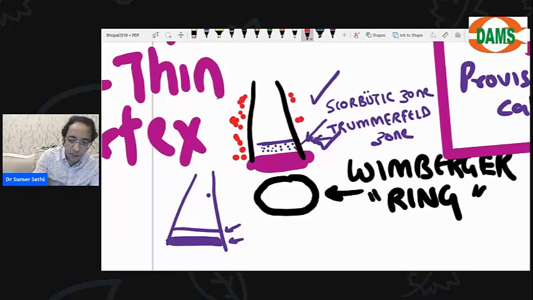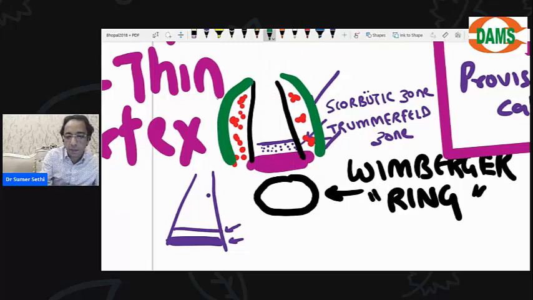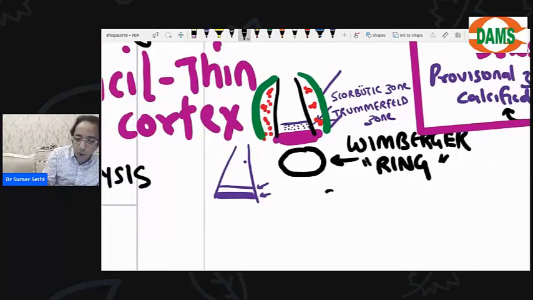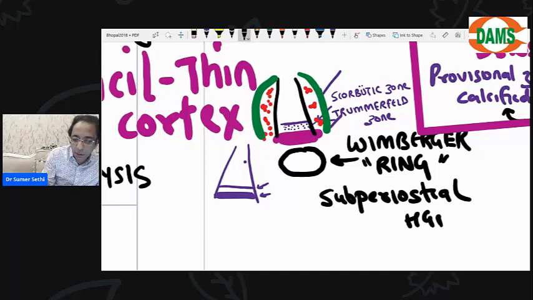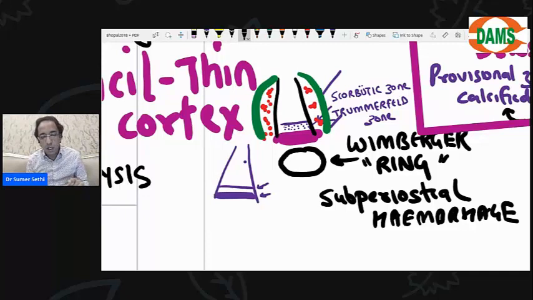Because of these hemorrhages, your periosteum will be lifted up, and you might have read about this in your biochemistry or any other subject that in scurvy you develop subperiosteal hemorrhages. Okay, it is different from hemophilia. In hemophilia, I told you there was hemarthrosis. Hemophilia में joint में bleeding हुई, scurvy में periosteum के नीचे bleeding होगी.